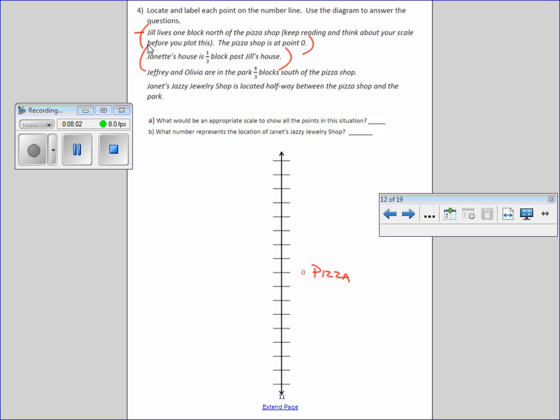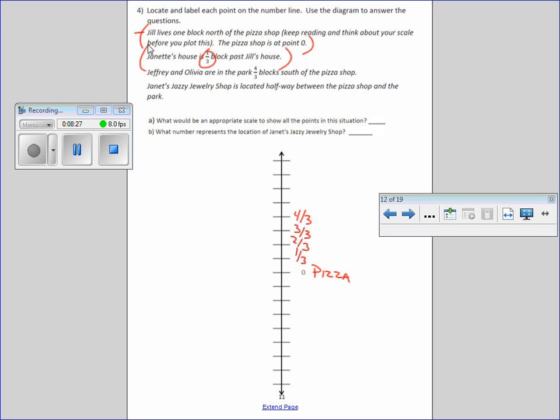I now know, since I have 1/3 here, I have to count by 1/3. Do you understand? Now knowing that, I'm going to make this 1/3. This is going to be 2/3. This is going to be 3/3. This is going to be 4/3.